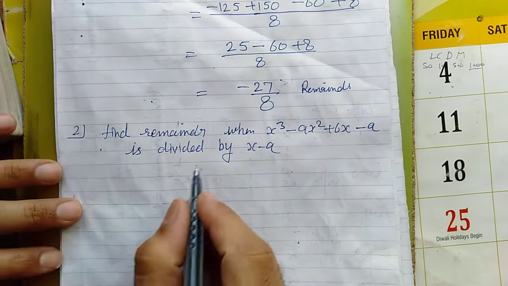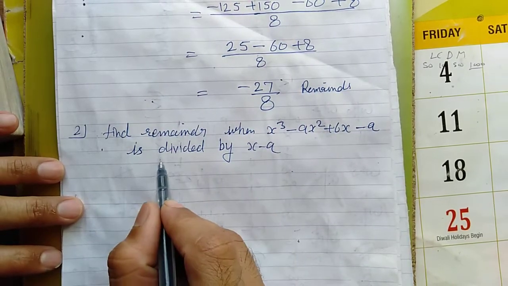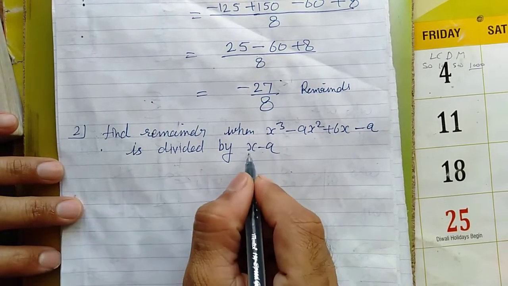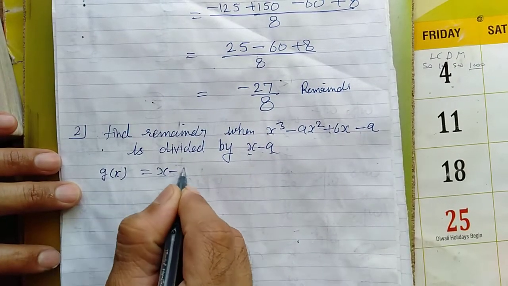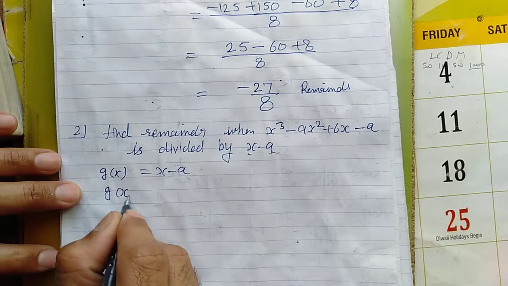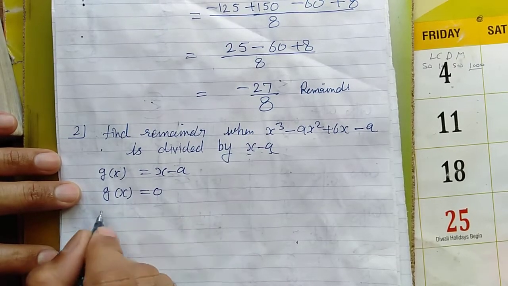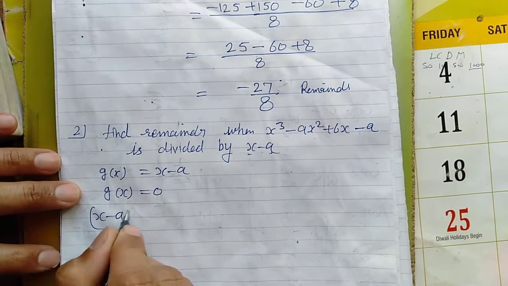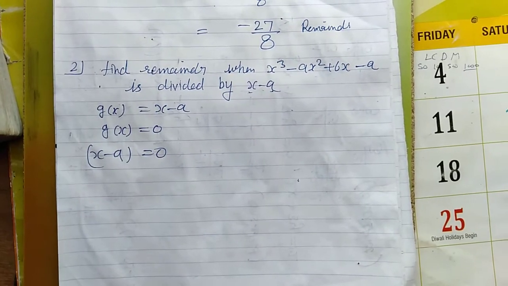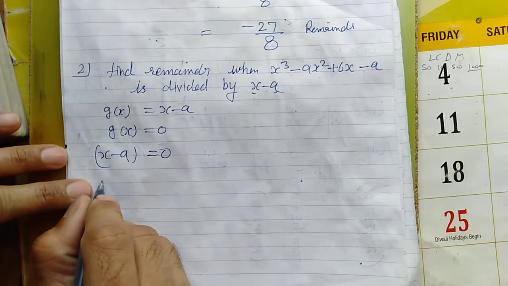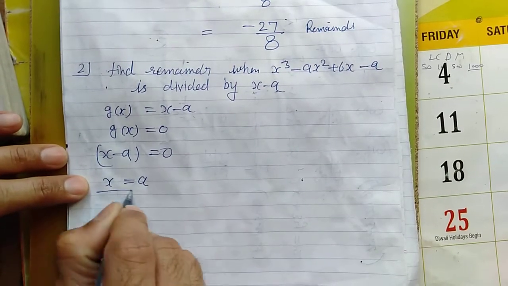So now here, when we are dividing by x minus a, this x minus a is gx, and we have to take gx equal to 0. So x minus a will be equal to 0. If x minus a is equal to 0, then the value of x will be equal to a.